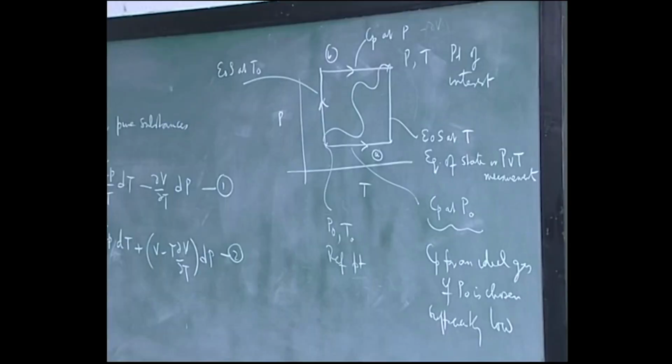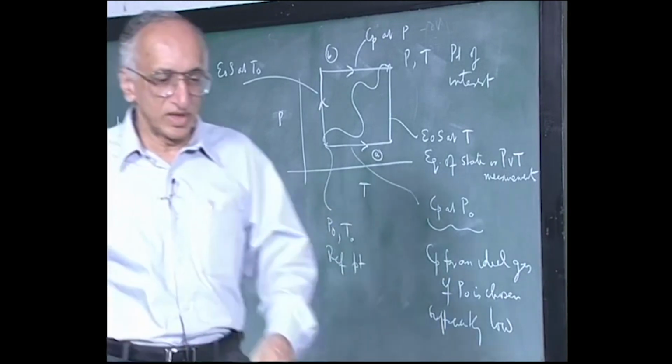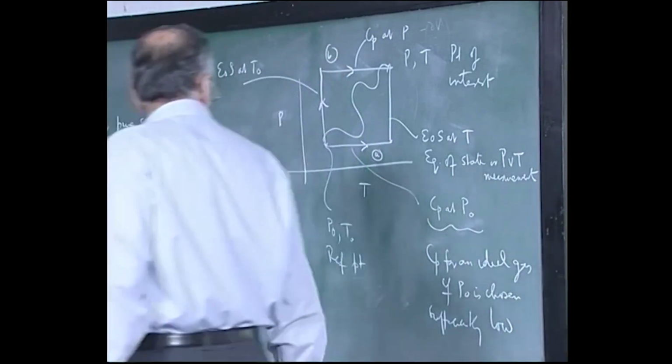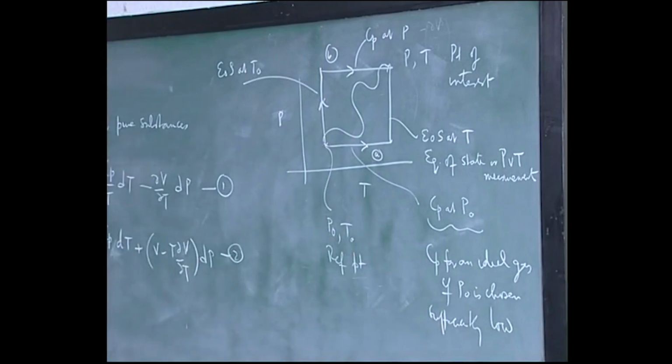Earlier old systems used to use 1 psia, 1 pound per square inch absolute. So it does not really matter, but nowadays the normal charts are prepared choosing P0 equal to 0 very often, and then T0 can be chosen as any temperature.